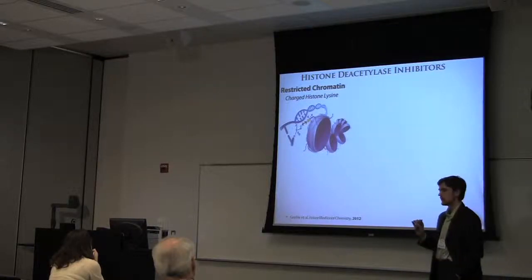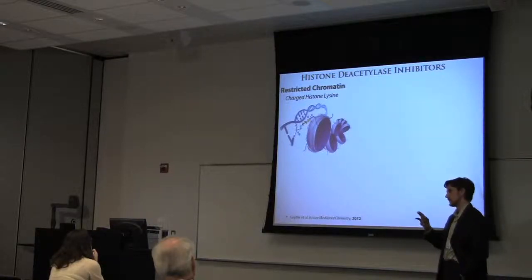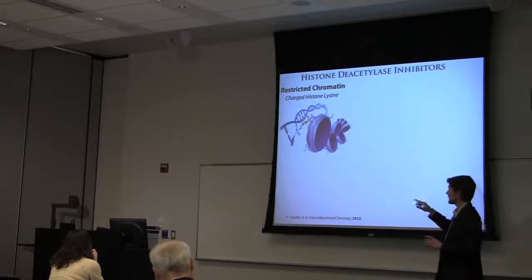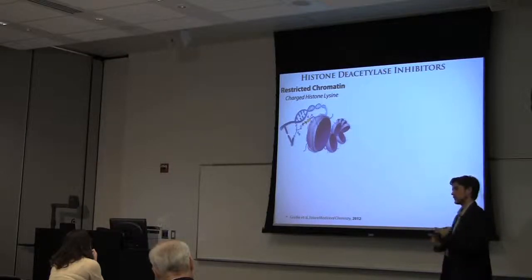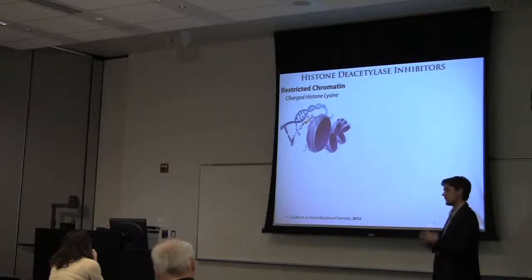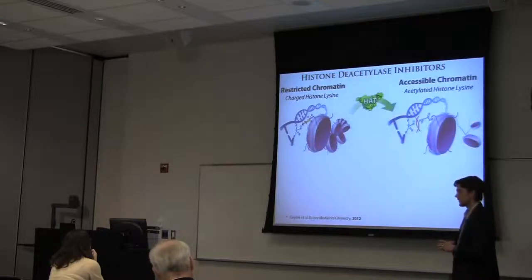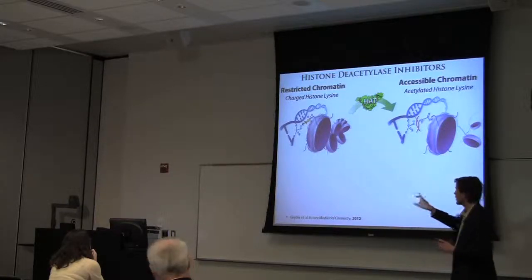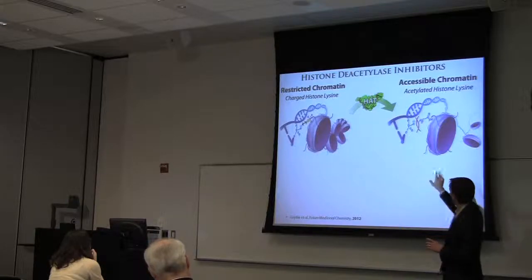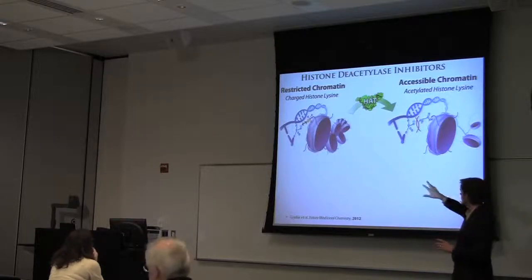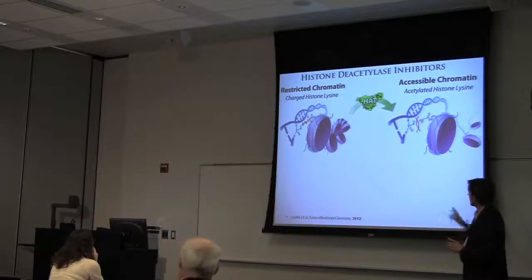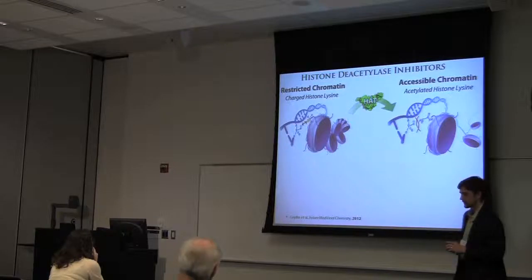And so one of the ways that our cells manage the way that they express genetic information is how the DNA folds or unfolds into either constricted chromatin forms or open chromatin forms. And one of the pieces of the puzzle that determines how your DNA is coiled is the modification on these histone beads that DNA wraps around, and in particular, modifying a lysine tail with an acetyl group by this enzyme, histone acetyltransferase.